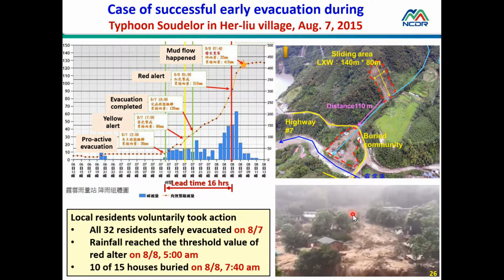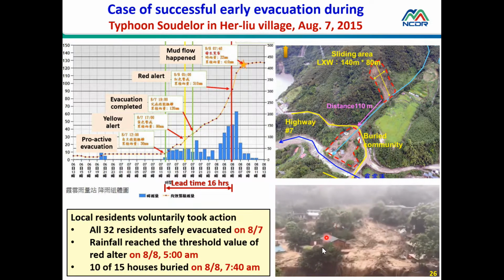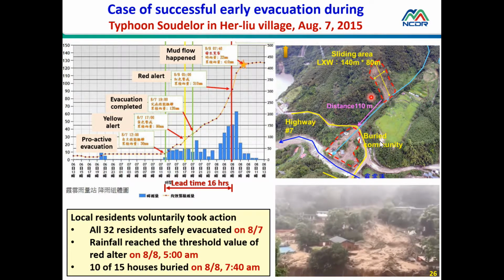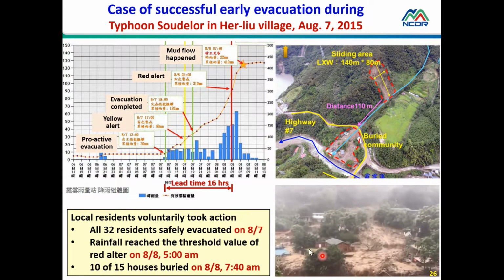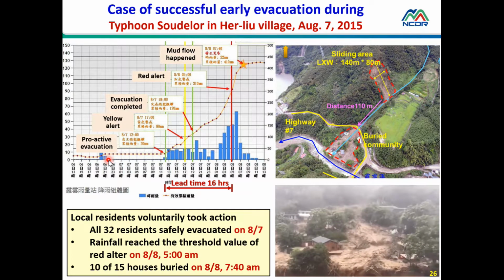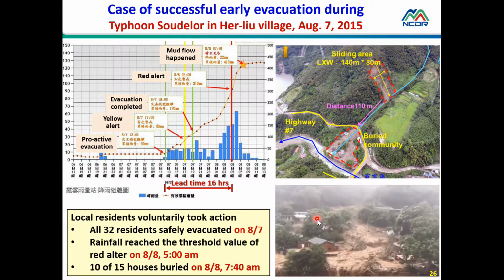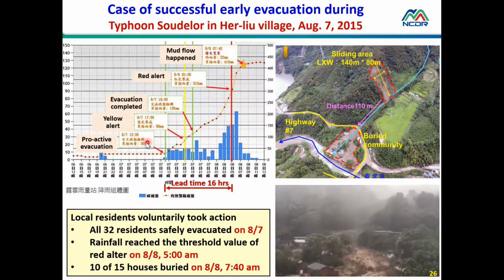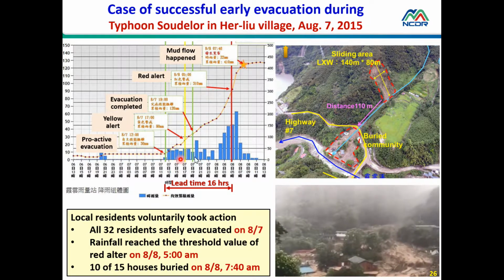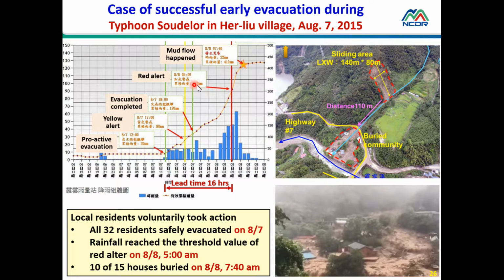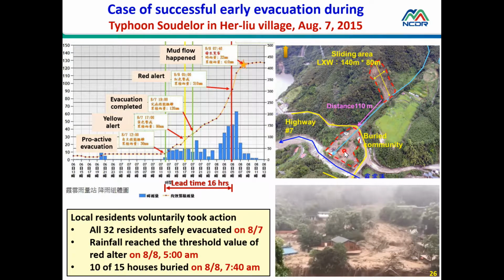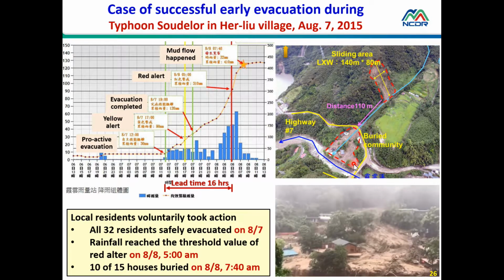Because of early evacuation, they had time to take a video of how the debris flow invaded their village. This time, because the local residents received some training from the government, even though the accumulated rainfall was only 30 millimeters and the threshold value is 310, they decided to leave the village because they know the possible threats.